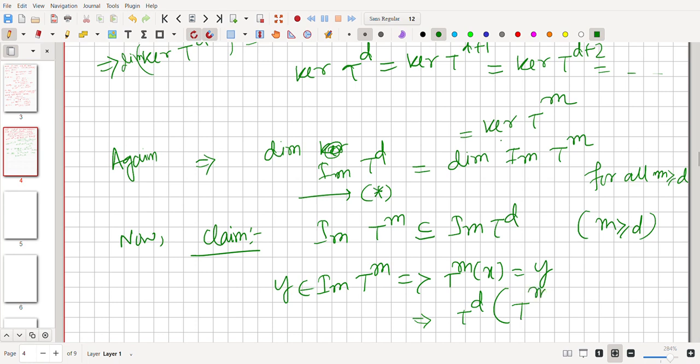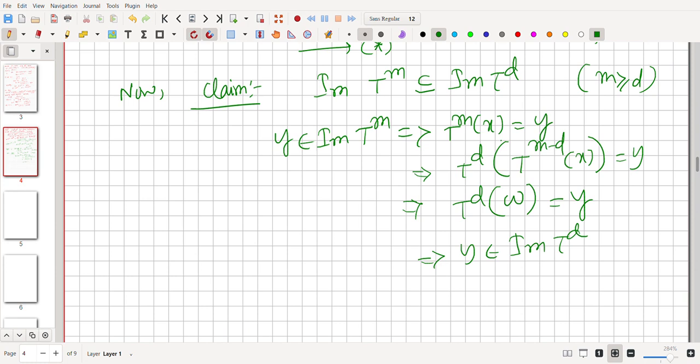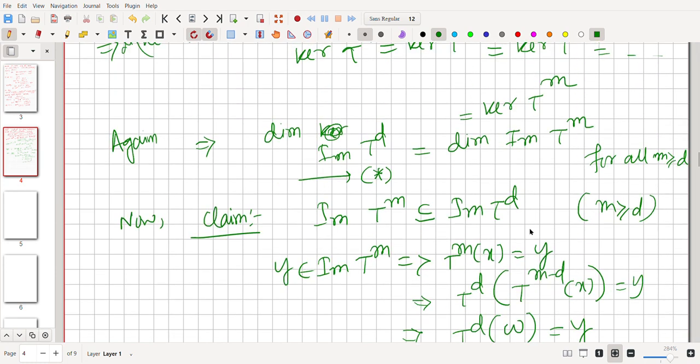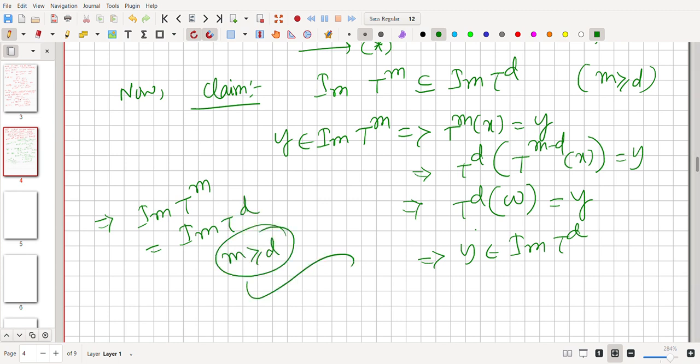We can write it as T power d times T power m minus d x, which is basically the same as T power d times some w, which implies y belongs to image T power d. So this one is a subspace of this one and their dimensions are the same, that means they are identically the same. That will imply image T power m equals image T power d for m greater or equal to d. Done.